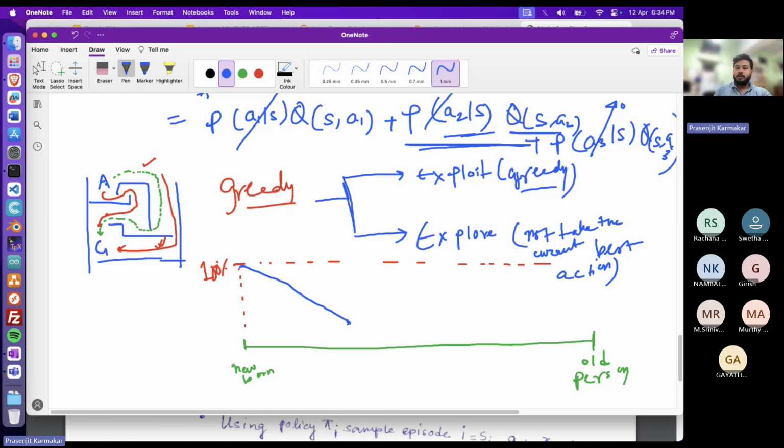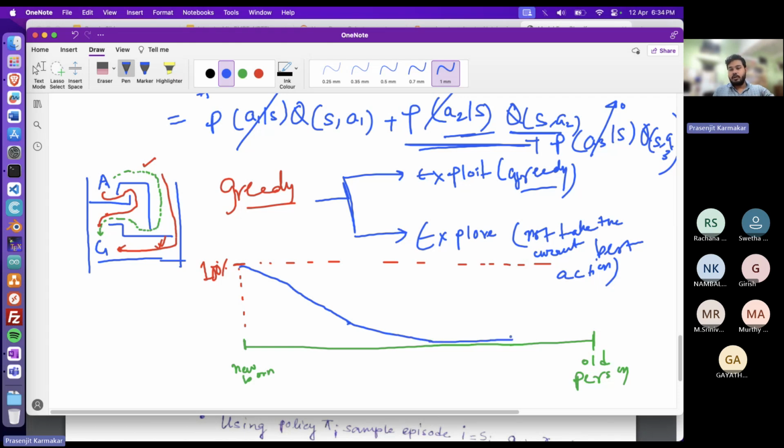This is my routine. I don't do too much exploration at this point. I do a lot of exploration in terms of research, but not in terms of learning the world. So I reduce my exploration as I age.